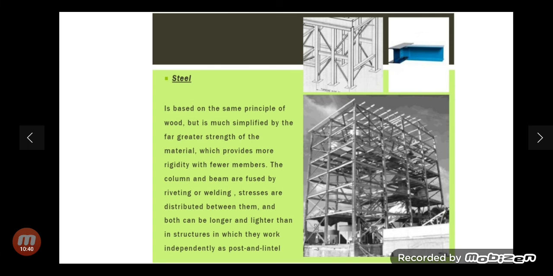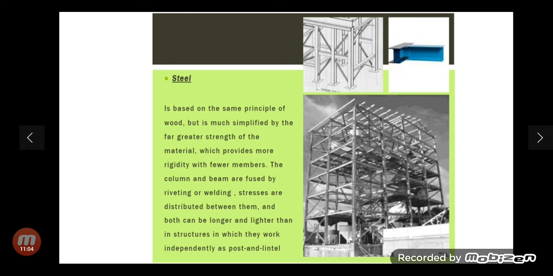Now, the more widely opted frame structures nowadays are steel structures. It is based on the same principle as wood, but is much simplified by the far greater strength of the material, which provides more rigidity with fewer members.